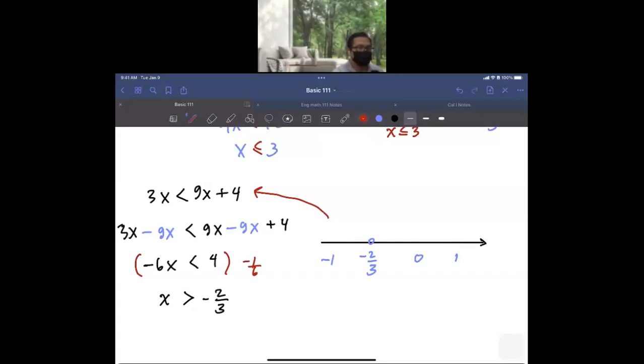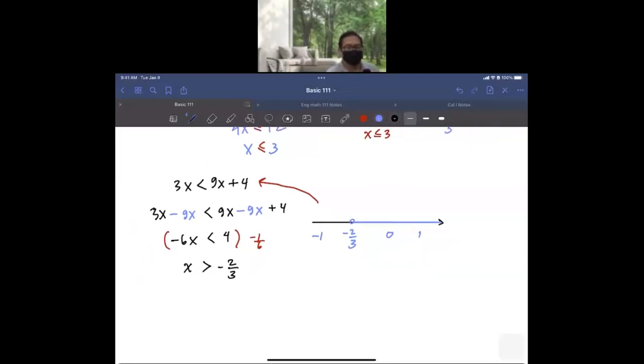We can check, and we may write a number line as our solution. Anyway, the number line is to confirm that our answer is correct.